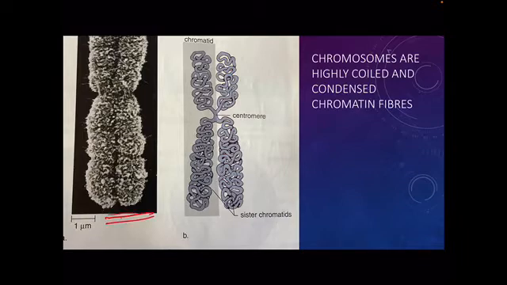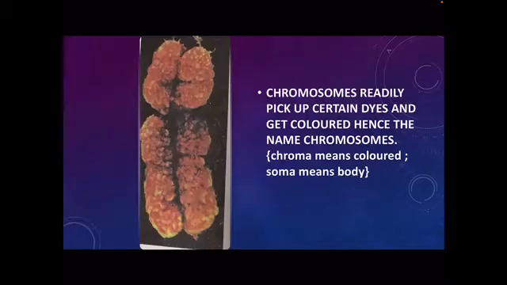This chromosome is a highly coiled and condensed chromatin fiber, and in the middle there is a centromere. The chromosome becomes duplicated and forms two sister chromatids, and these sister chromatids are joined at the centromere, forming a chromosome, a highly coiled condensed chromatin fiber.